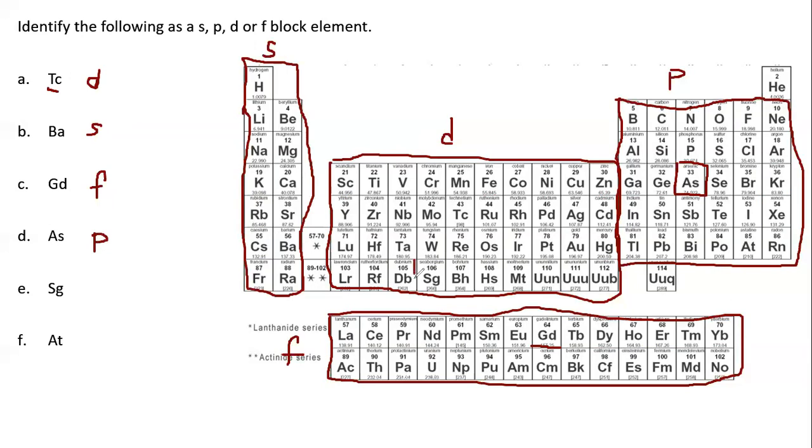Sg is in the transition metals, so it would be a d orbital, and At is also located in the p block. And again, for the p block, the row it's on tells you the last p orbital filled. So that's how we identify elements as s, p, d, or f block elements.